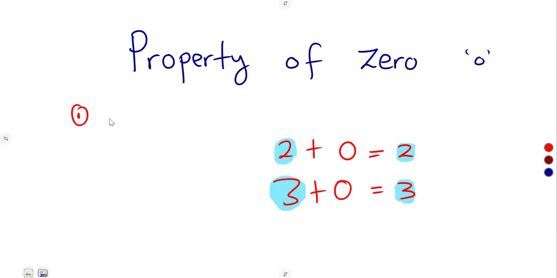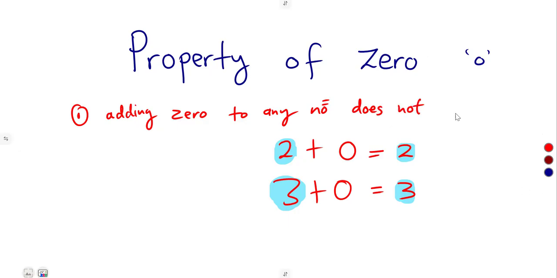For addition, adding 0 to any number does not change or affect the number. 2 plus a 0, that's a 2. 3 plus 0, 3. Whatever you're given, 1 plus a 0, is a 1. It does not affect the number.